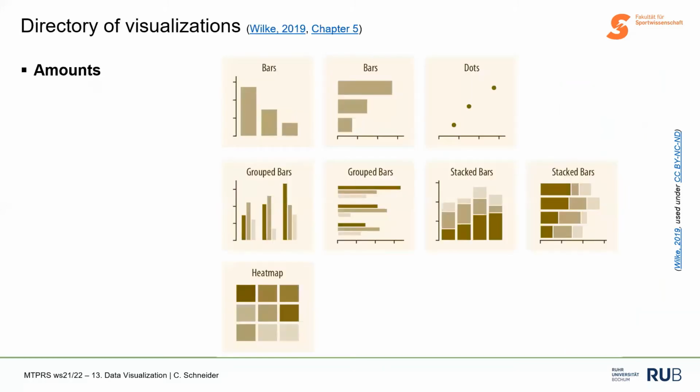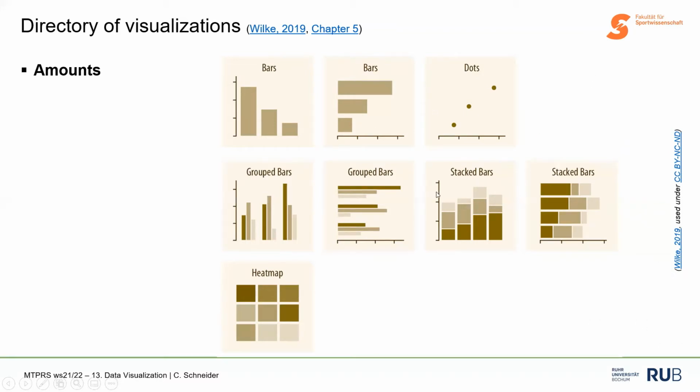Let's start. So for example, we have different types of figures that are typically useful when we present or when we try to visualize different amounts. Most commonly, if we think about, for example, how much income does someone have, how high was the heart rate, how much distance did someone run in a specific intensity zone or whatever, it's very, very common to use bar graphs, different kinds of bar graphs, vertically or horizontally displayed, sometimes also dot plots.